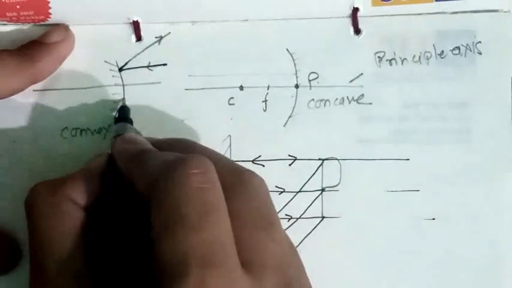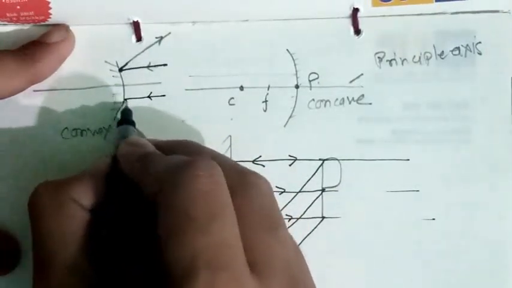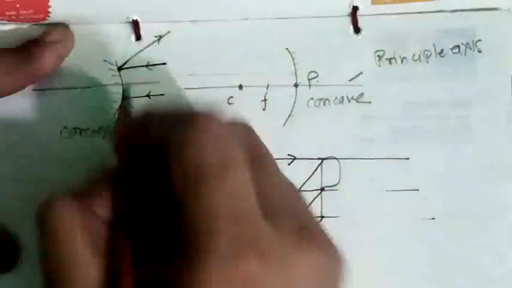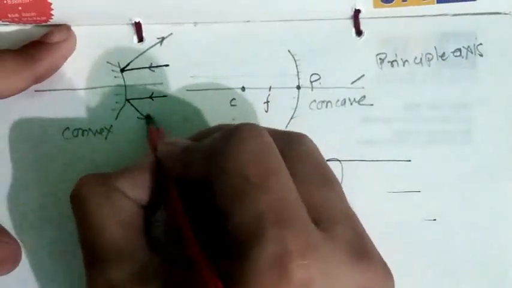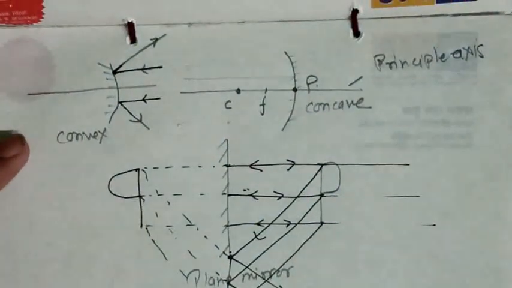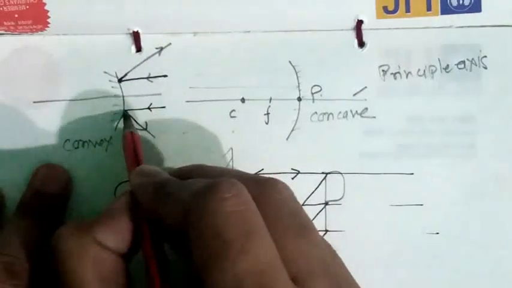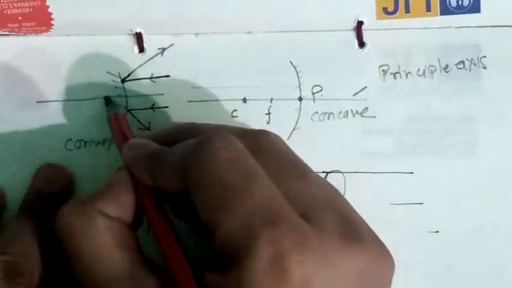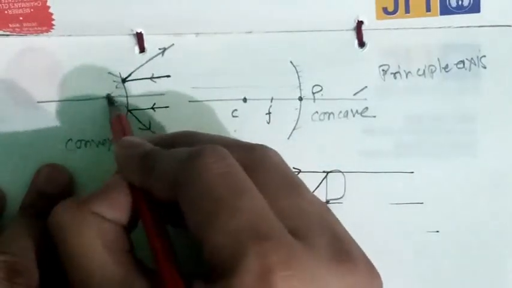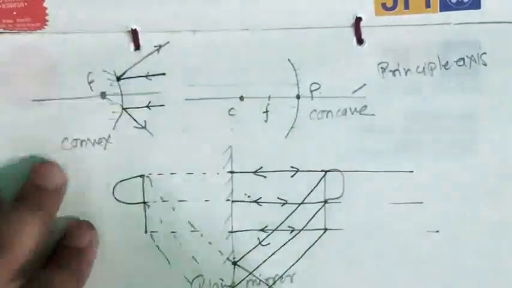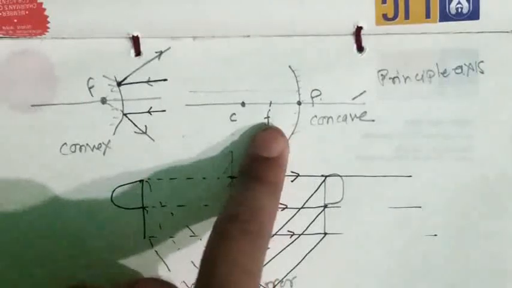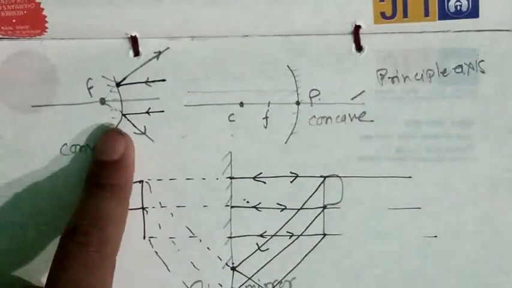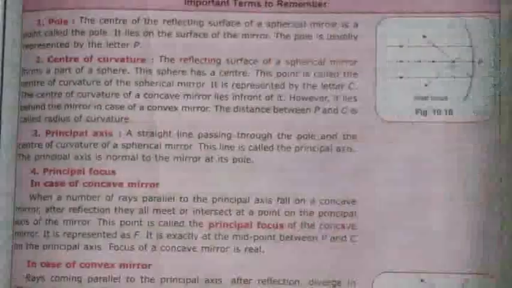Same here. So here, if we make the virtual part of it, all these lines are coming from the focus. This line is going from the focus, and this line is coming from the focus.